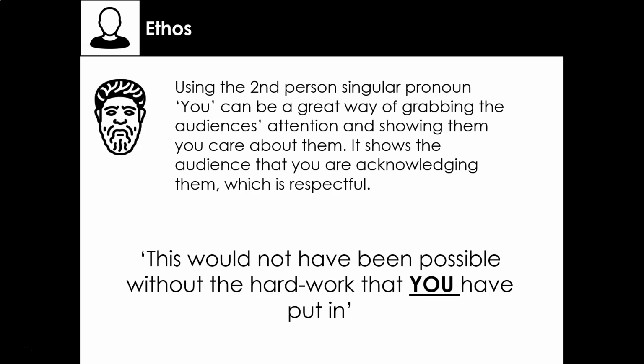Okay, I'd like you to turn to a partner and say that sentence. Make sure you really emphasize the word you when you say it. Off you go. Okay, so using the second person pronoun you can be a good start.